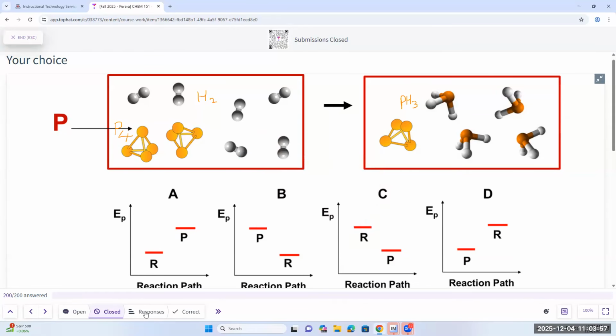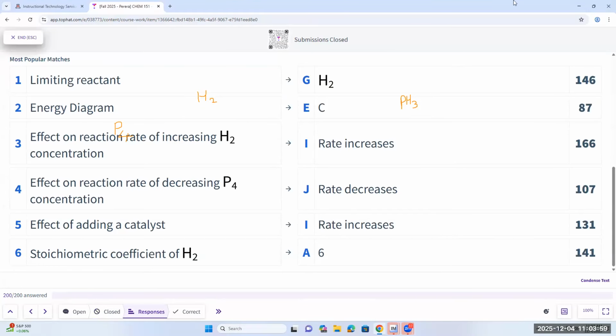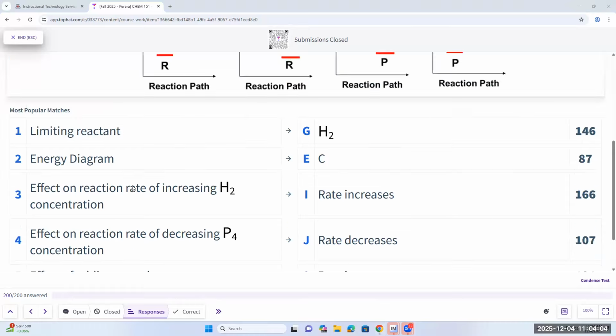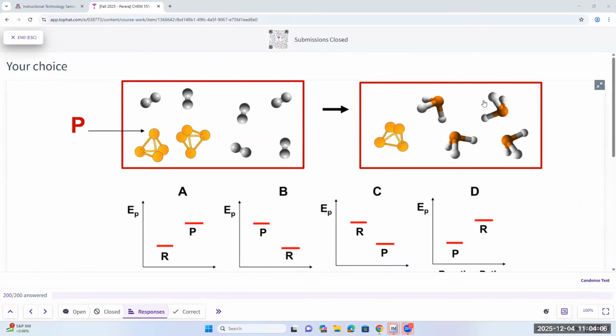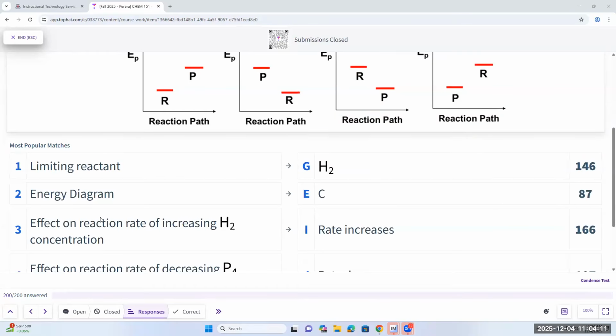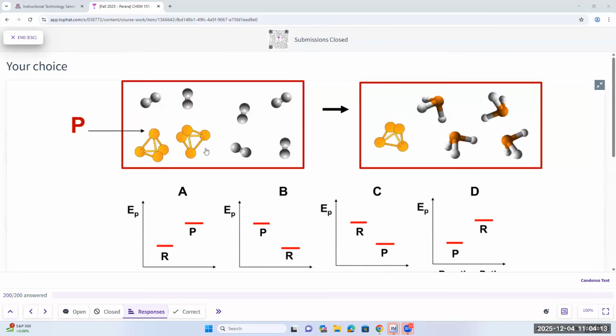All right, let's do this. So here are our responses. Let me clear my doodling first. Most of us said the limiting reactant is H2, which is correct. Why? We have P4 in excess. And then the energy diagram: we are going from A-A bonds on the reactant side because we are reacting P4 with H2 to produce PH3.